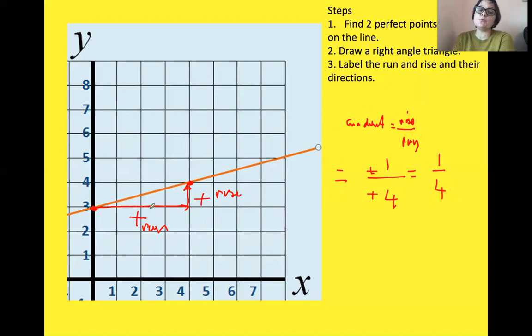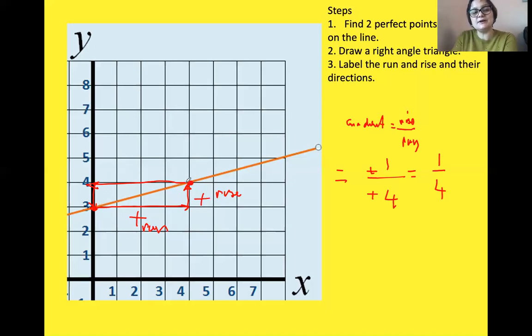For someone else who wants to build the right angle triangle on the other side, well, you can go like that, okay, and down. Or you can go up and right. So either way, or you can go here, down and to the left. But again, it is the direction of the arrows that determines the signs of run and rise.